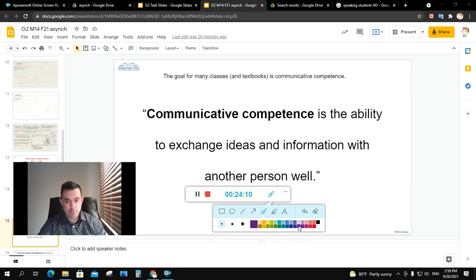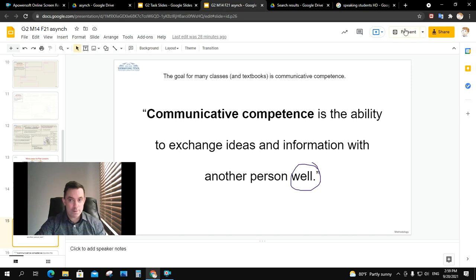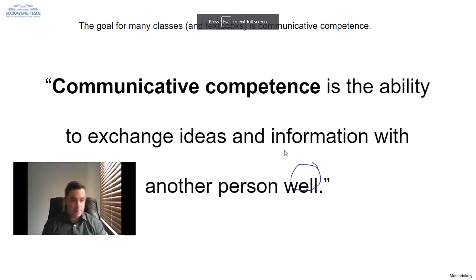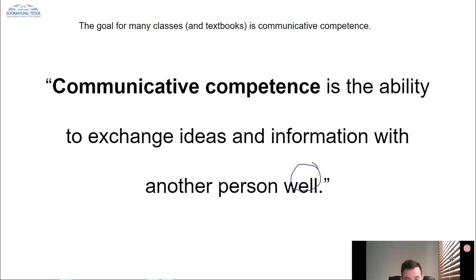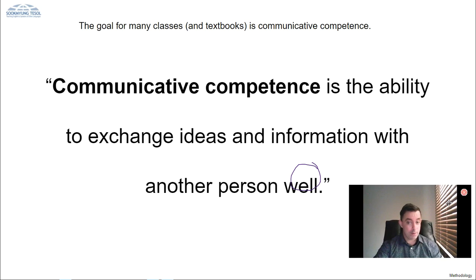Okay? When we say you're exchanging ideas and information with another person well, what does that mean? What does it mean to exchange ideas and information with another person well? How is that related to what we're talking about today?